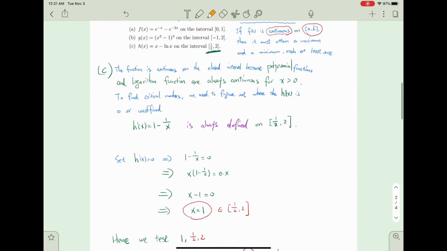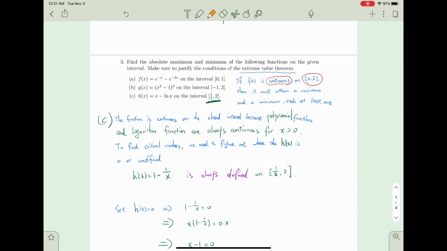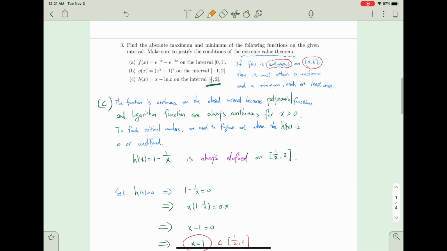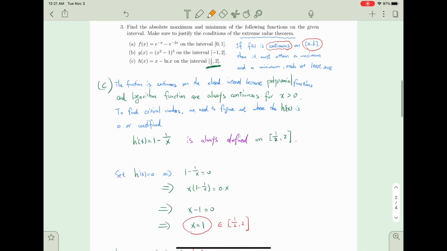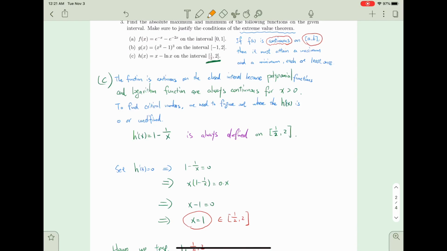And if we compare the solution format of these three questions, we find the exact same pattern. The first step is to check the extreme value theorem: check that the function is continuous, defined on a closed interval. That's very straightforward. The second thing is to find all the critical numbers. Remember, there are two types of them.